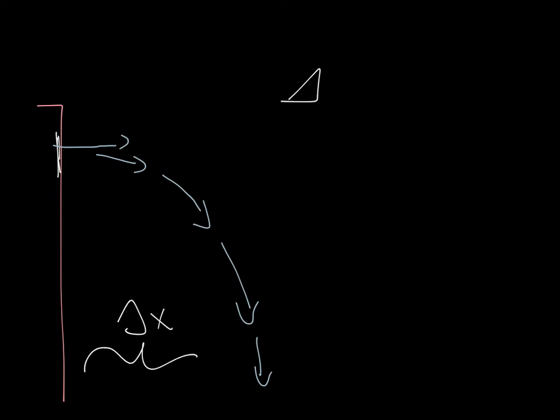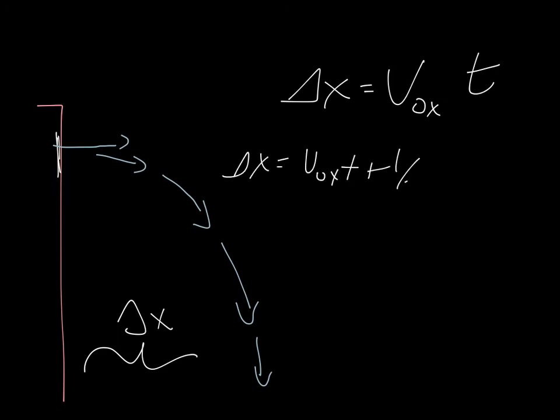Well, delta x, in most cases, is just whatever I started off with in the x velocity times the time it takes to fall. And that's because there's no air resistance. The speed doesn't change. That's just coming from the formula delta x equals v naught x t plus 1/2 a_x t squared. But a_x is 0, so this is all that's left over.